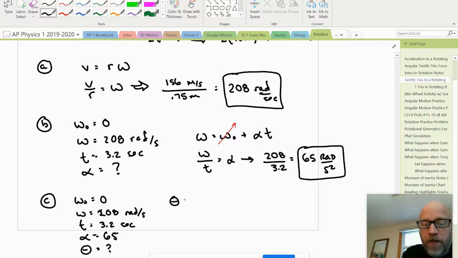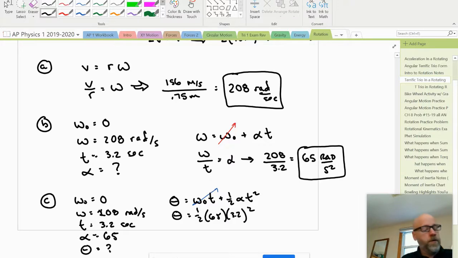So I might say theta equals omega naught t plus 1/2 alpha t squared. That's ugly. I know. That goes away. End up with theta equals 1/2 times 65 times 3.2 squared. And I've got 333-ish radians.